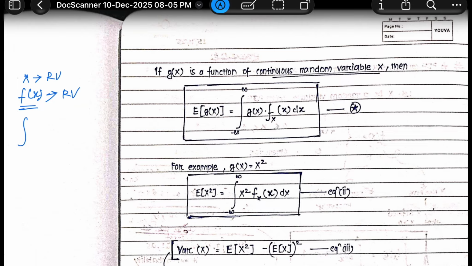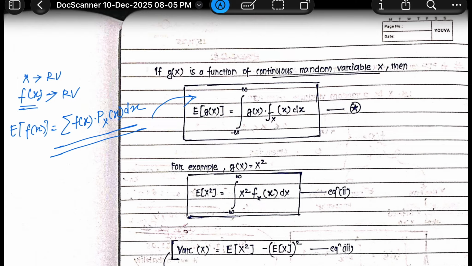So the expectation of g of x is the sum of g of x times the pmf of x. This thing we were doing here also.